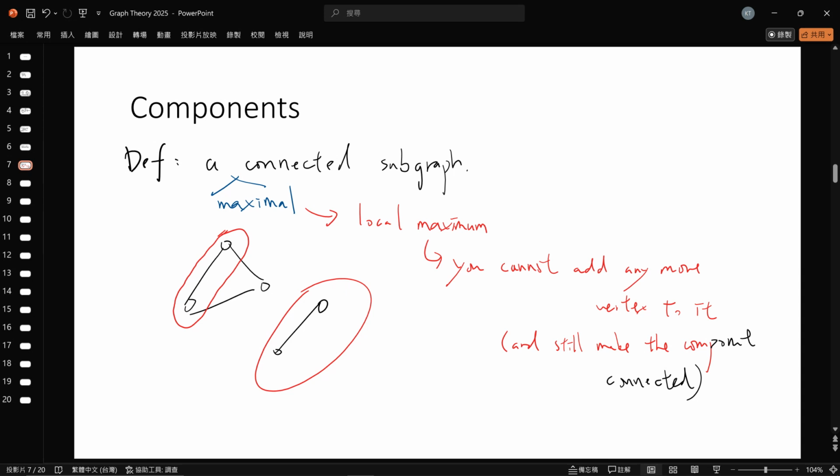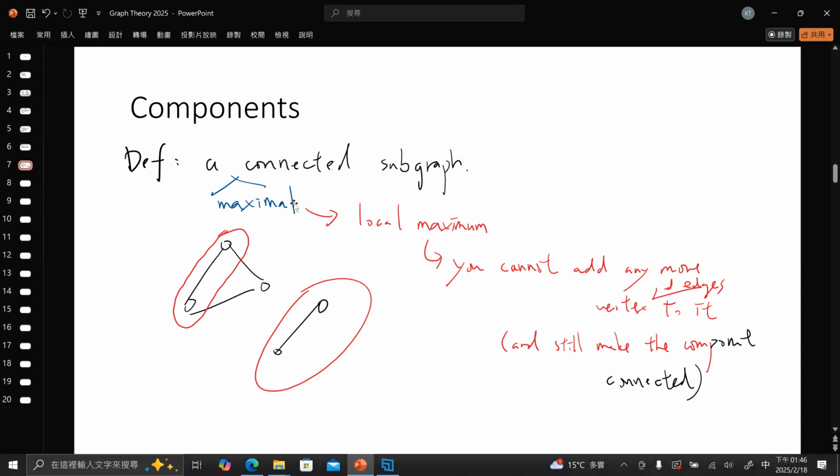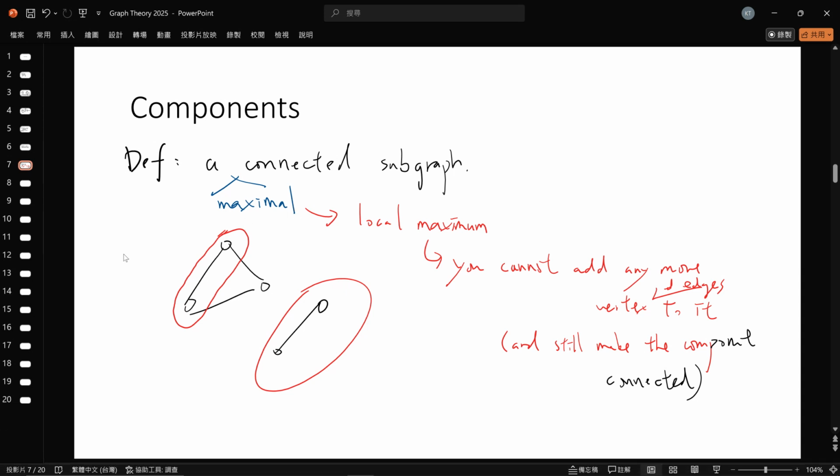But for this one, it is locally maximum because you cannot add any more vertices and edges and still make it connected. So this one is local maximum. This is the components, okay?